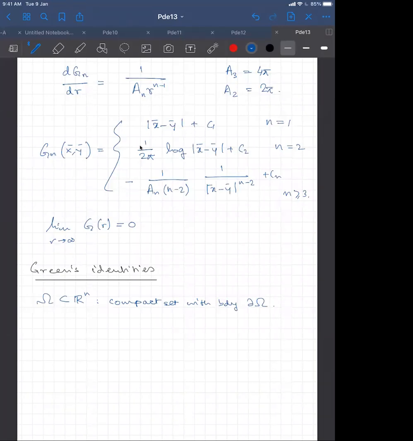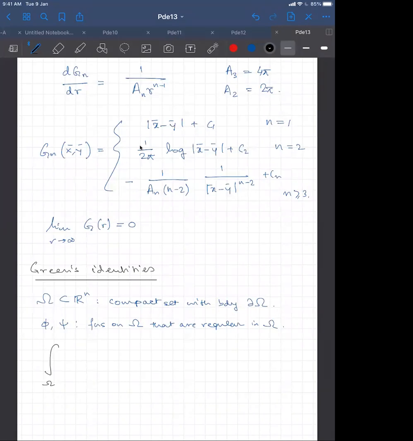Now, we let phi and psi be two functions on omega that are regular throughout omega. So the product rule and the divergence theorem is going to give us the following.